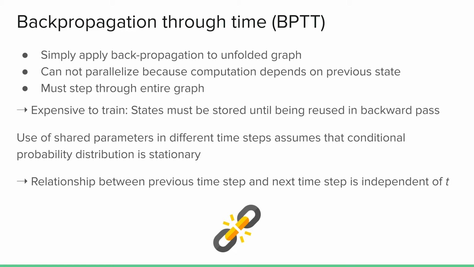In theory, we could also add this value t to our hidden state that we're passing along, but the problem is that the network would have to extrapolate t when facing a sequence with an unknown value of t. That's why we have this assumption of a stationary distribution here.